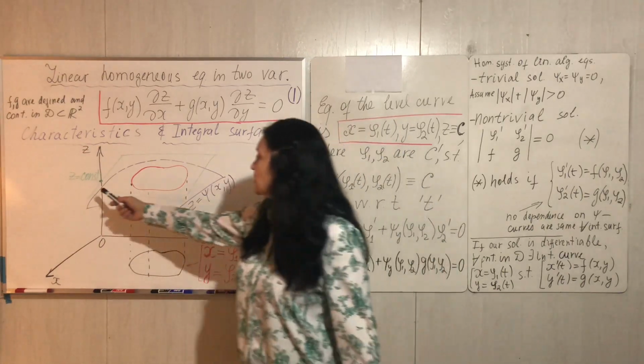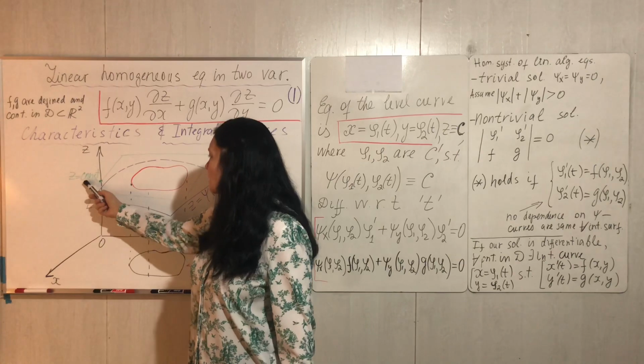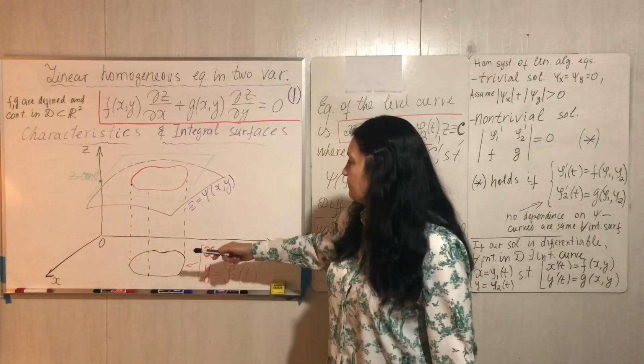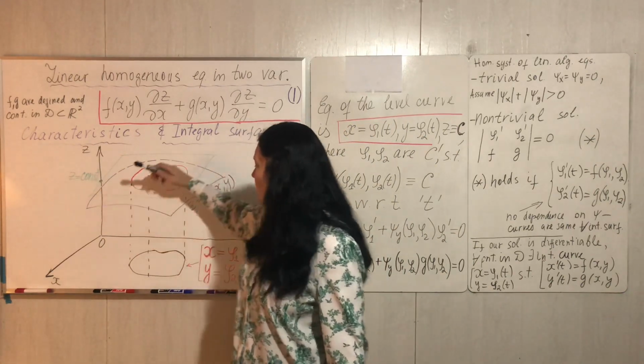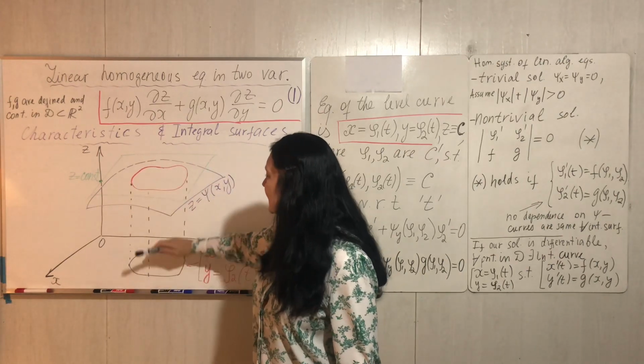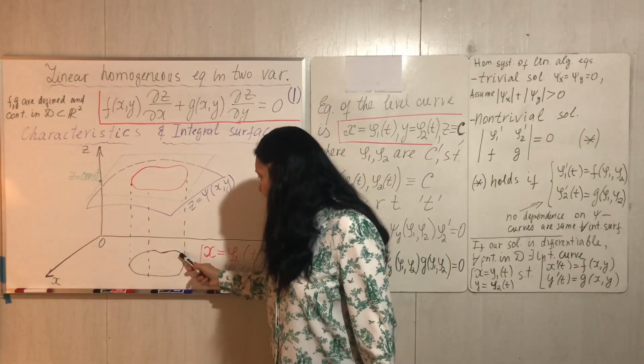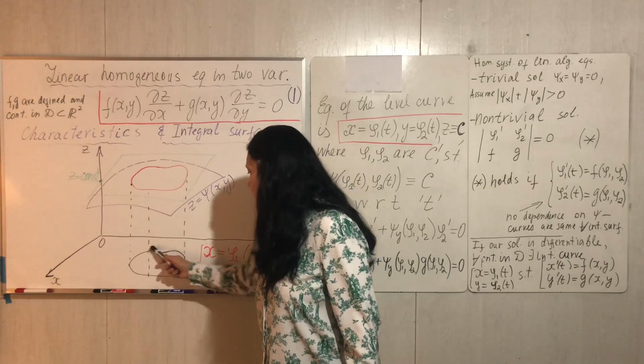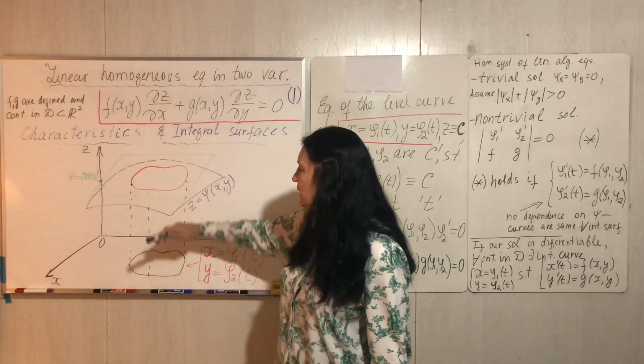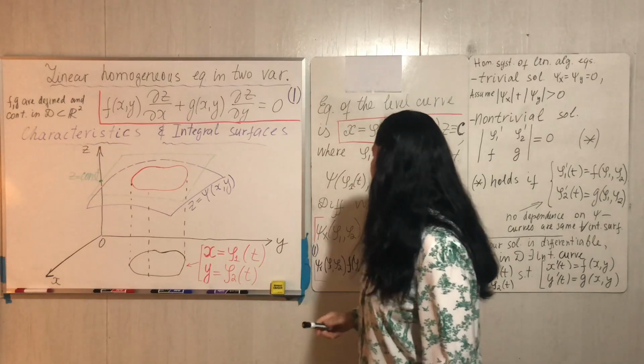And so by changing this constant, say from 0 to this value, we will get a cylindrical surface, right, whose base is this curve.